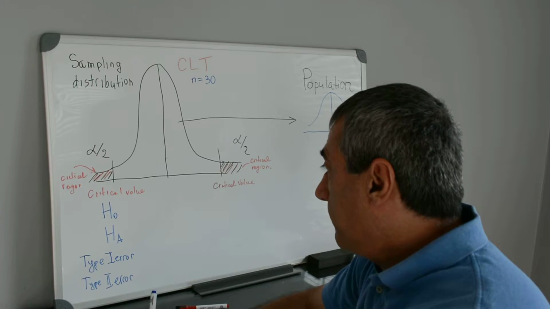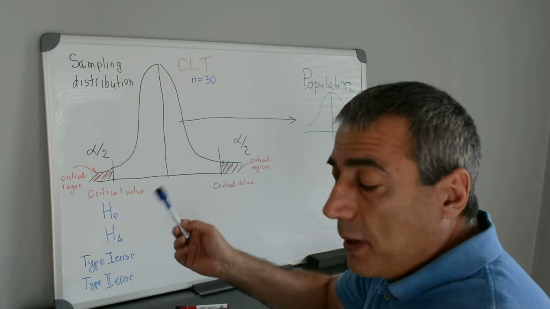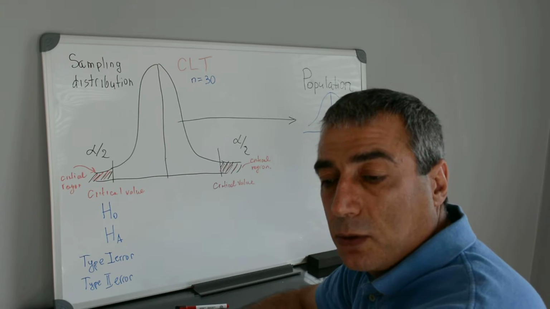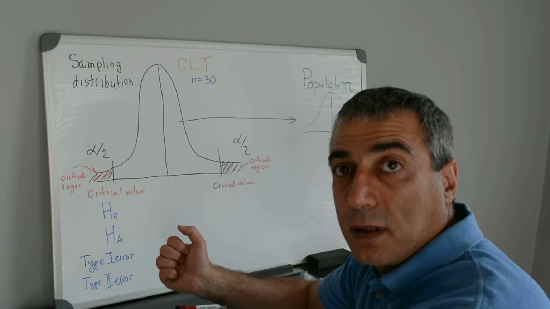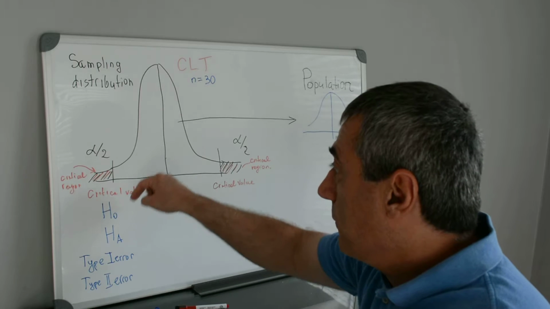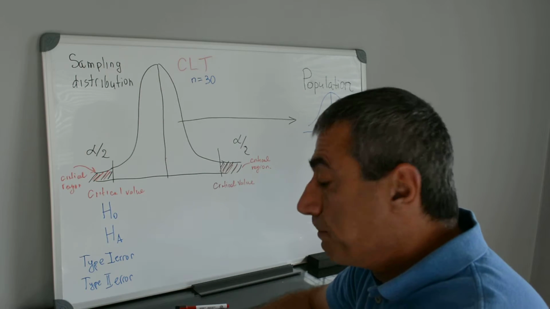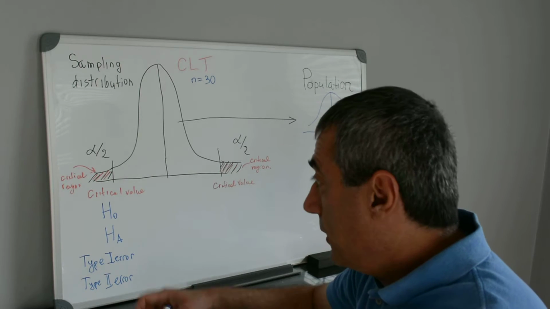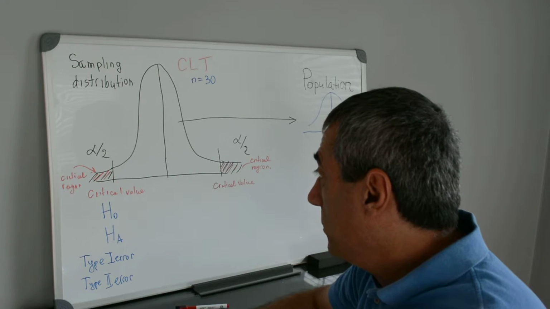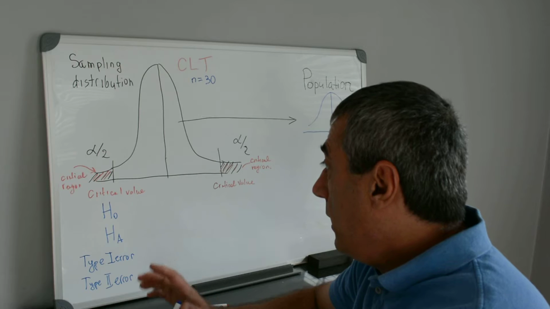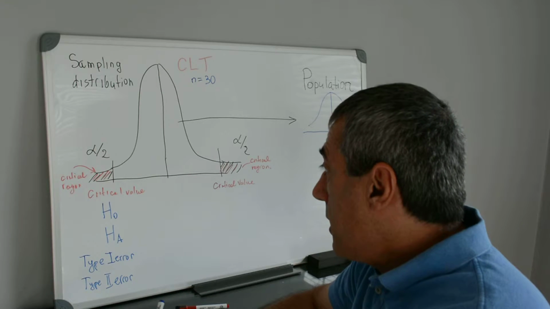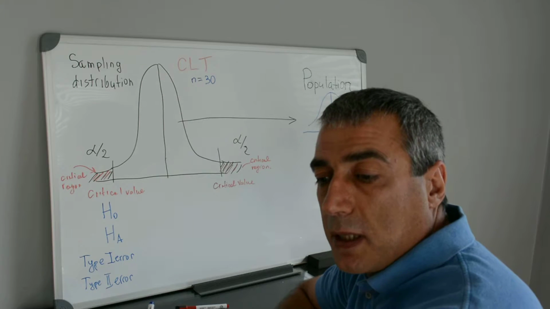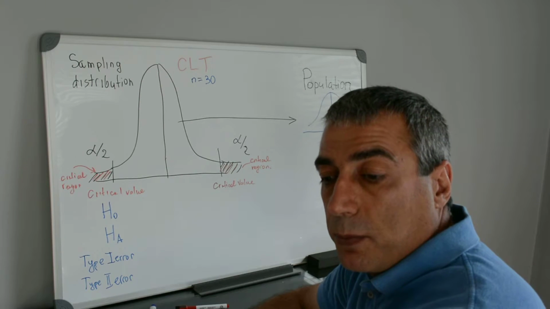Again, let us imagine either the population is normal or the central limit theorem works. Therefore, the sampling distribution of the sample averages is normally distributed. Then we select a certain number of samples from the population.